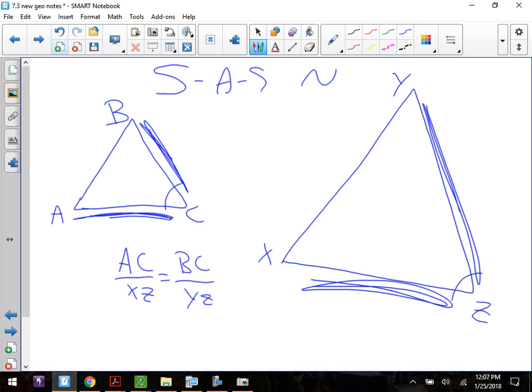Remember how I showed you that there was a large triangle and a small triangle? The large triangle and the small triangle happened to share that same angle. That's why that worked, because of angle. What we said was this was a small side, this was a medium side, that might have been the large side, which would correspond to the small, the medium, and the large, depending upon the numbers. It was why that worked.